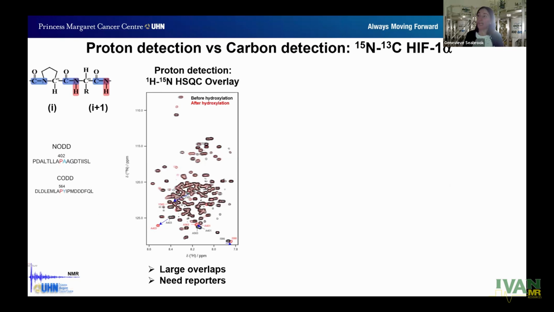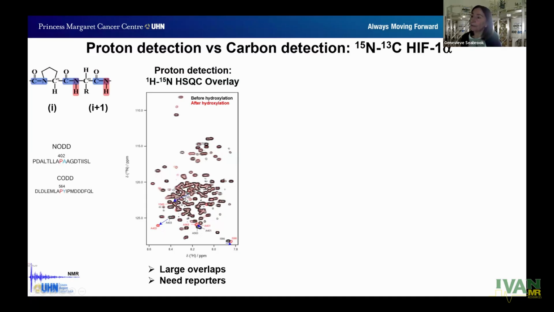The answer is yes, of course you can. It's not a problem. Here, in black is the spectrum before hydroxylation, and in red is the spectrum after hydroxylation. So you can actually follow the amide peak shifts. But of course, you're not going to follow your prolines because there's no NH group. So you're going to rely on reporters. For example, alanine 403 is right after the proline 402 that gets hydroxylated. So yes, you can follow those reporters.